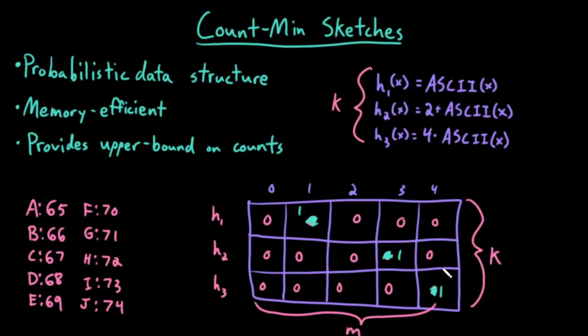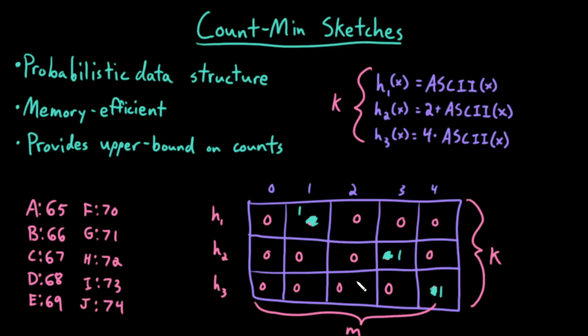So for a count min sketch, that was to increment it. To increment, I compute each of these hash functions, mod by the number of columns, and then for each of the hash functions, go to the corresponding index of that row and increment the count.